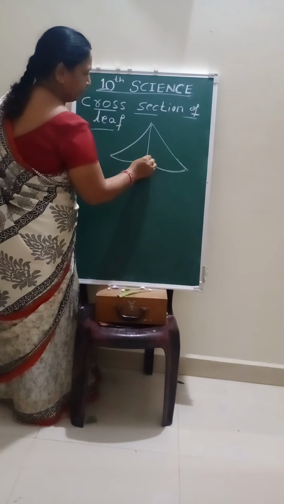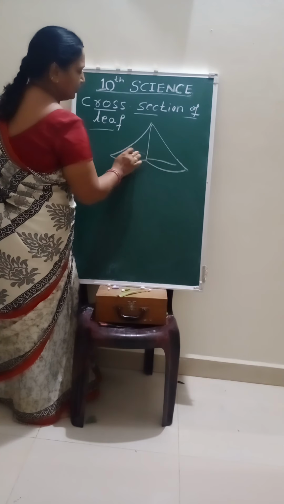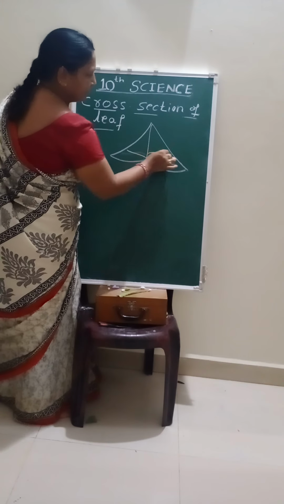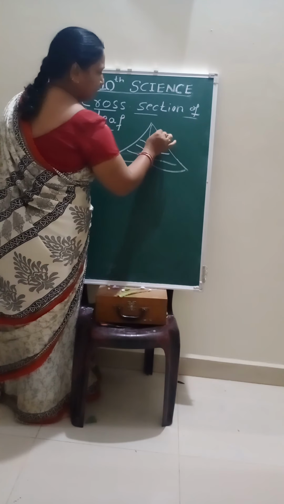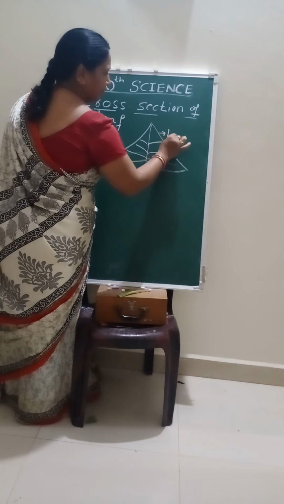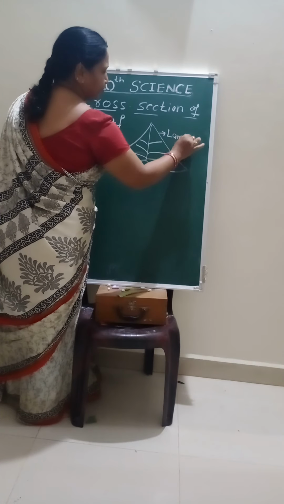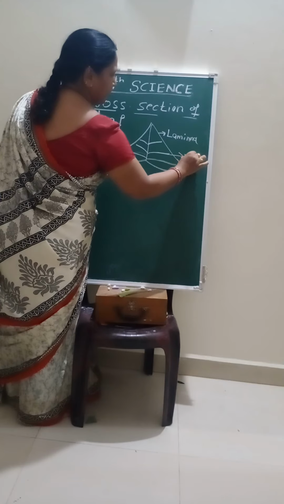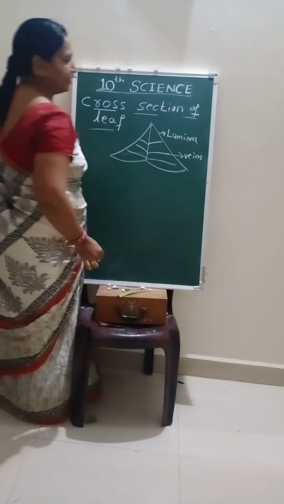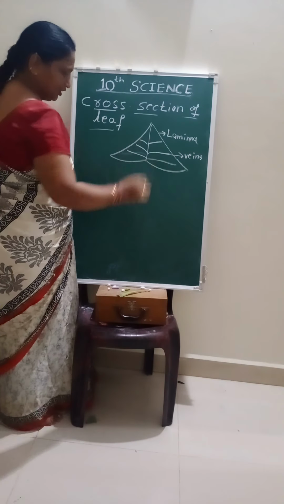So these are the venations. Lamina, we call this as a lamina. And these are veins, V-E-I-N-S. Veins, or we call it as a venation. So this is the structure.